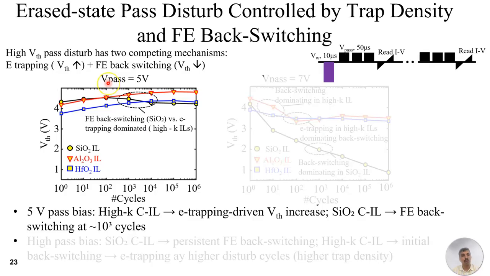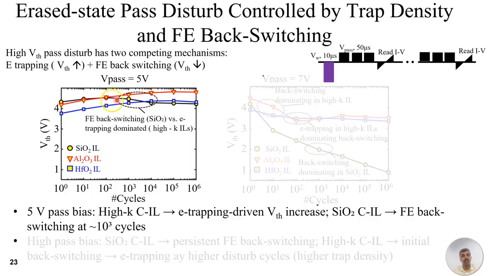When the pass voltage is 5 volt, in high K CIL we can see that the device VTH is increasing after repetitive application of disturb cycles. This suggests that the dominant disturb mechanism in high K CIL is electron trapping.